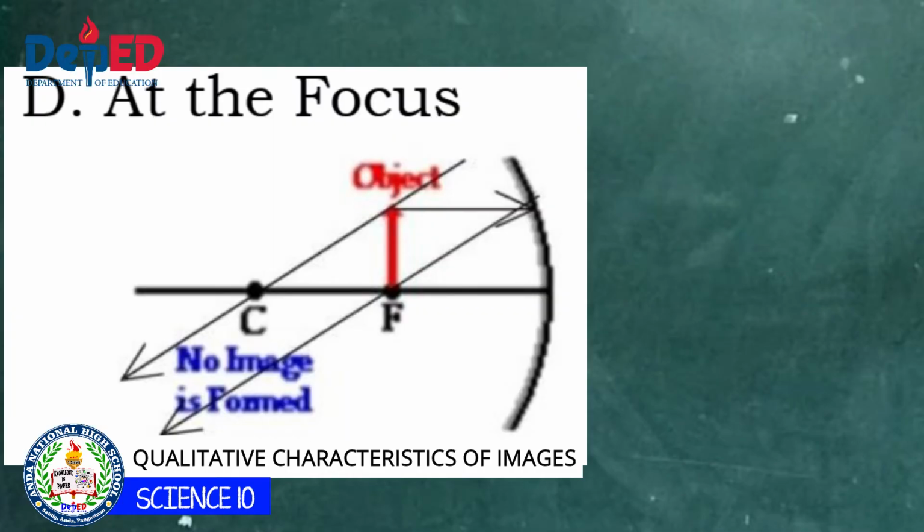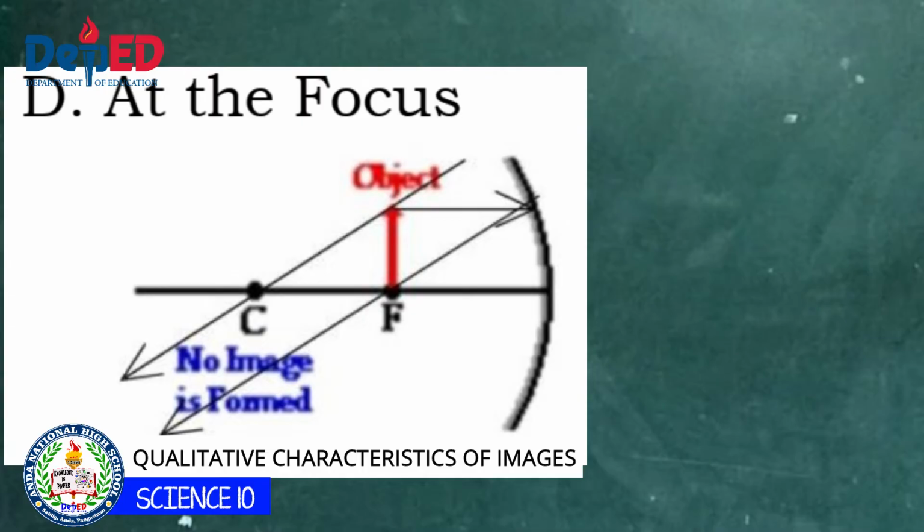But what if the location of the object is at the focus or the focal point F? So, the location of the image formed will be none. How about orientation? None. How about size? Also none. How about type?